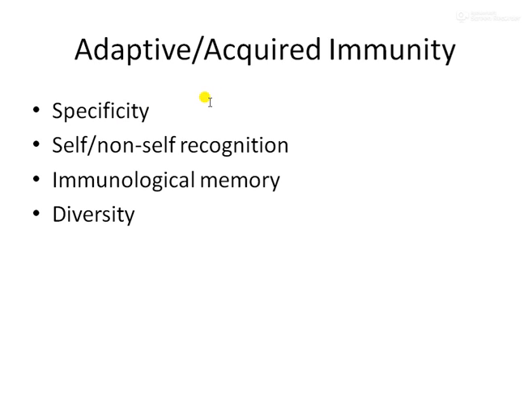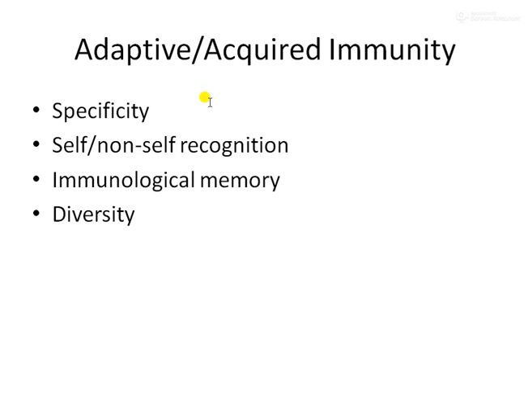If you have an immunity first against measles virus, you have the immunity for that. And secondly, if you get infected by another one like dengue virus, you develop an immunity against the dengue virus. So in the acquired immune system, the immunity which we develop on exposure to an antigen is found to be specific.